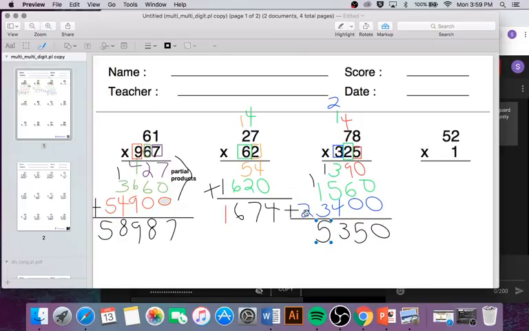And then we don't have anything to add our 2 to, so we just bring it down. So the answer to 78 times 325 is 25,350.